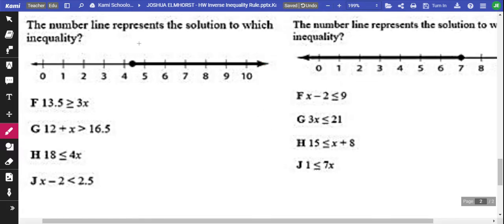Okay, so this is 4.5. It's around 4.5. So we can solve each one of these here. So divide by 3, divide by 3.